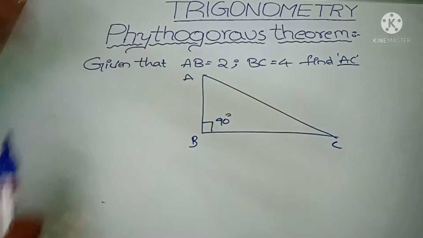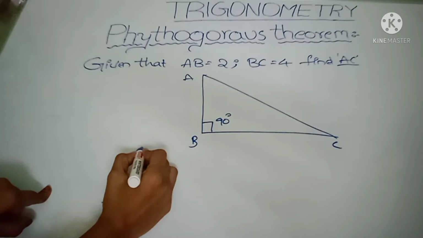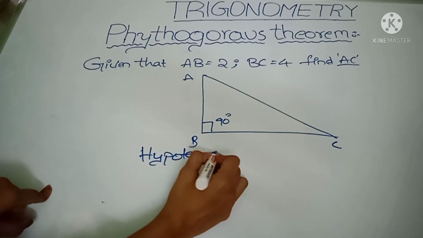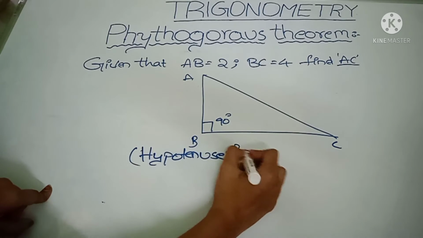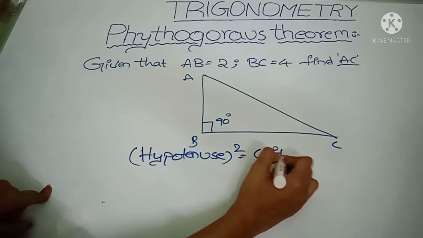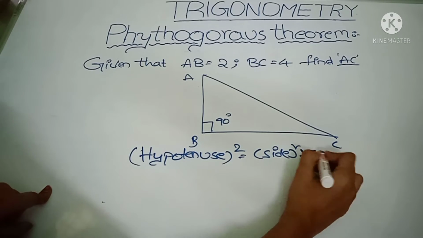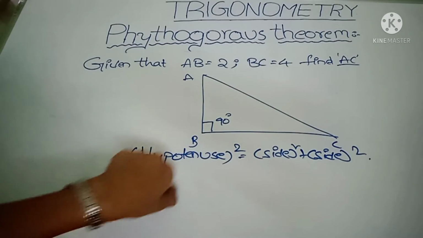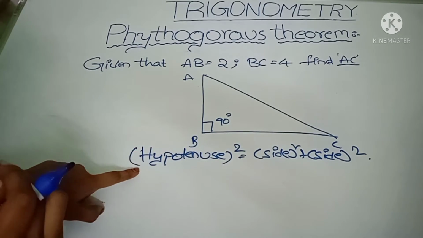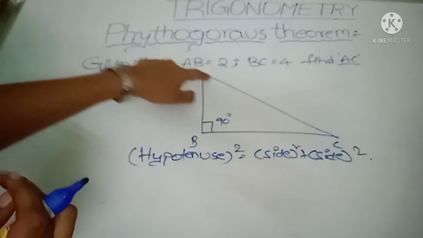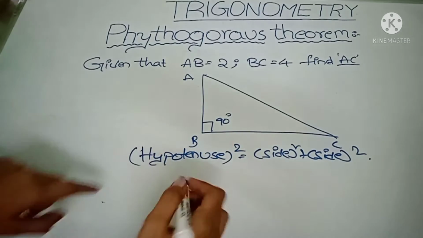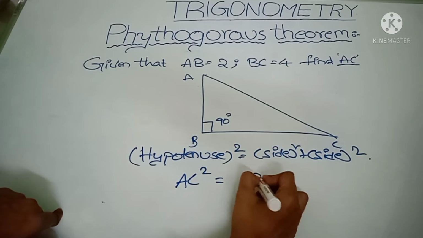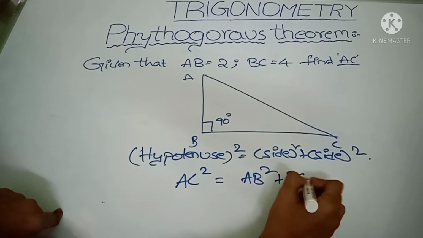Hypotenuse square is equal to side square plus side square. AC is the hypotenuse, so AC square is equal to AB square plus BC square.